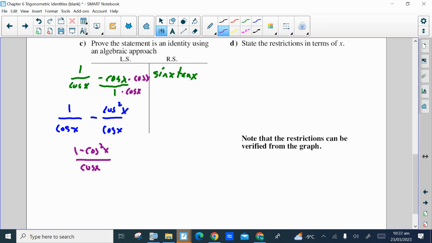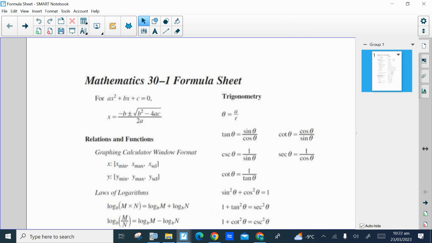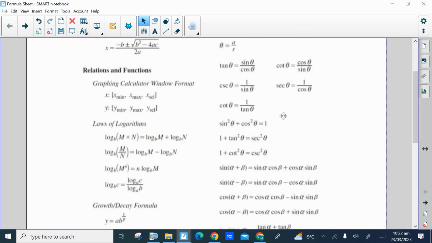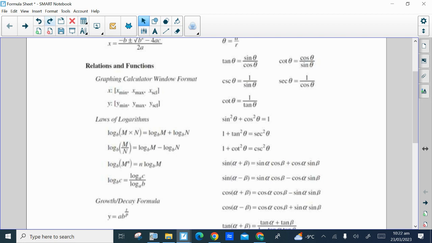Okay, do you remember from yesterday, what does 1 minus cos squared x equal? Sine squared x, right? And that comes from the Pythagorean identity, the fact that sine squared theta plus cos squared theta equals 1. And we said that there's two variations of that. You can subtract the sine squared theta from both sides and get cos squared theta equals 1 minus sine squared theta.